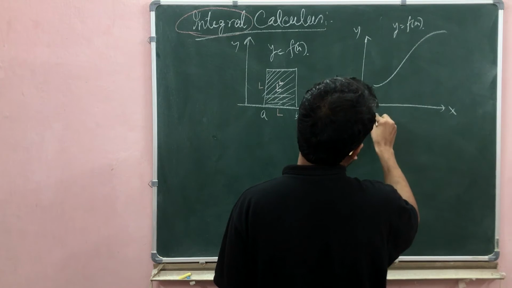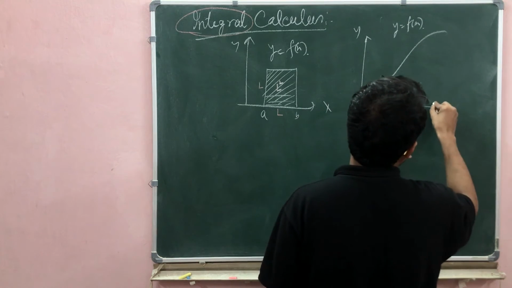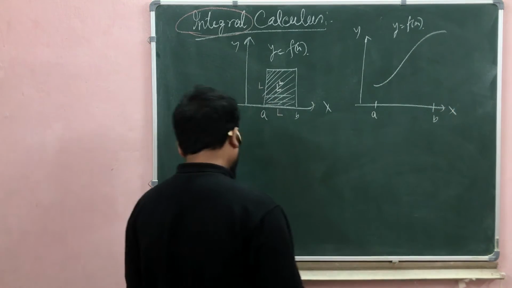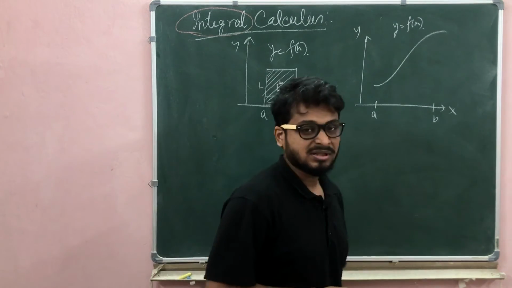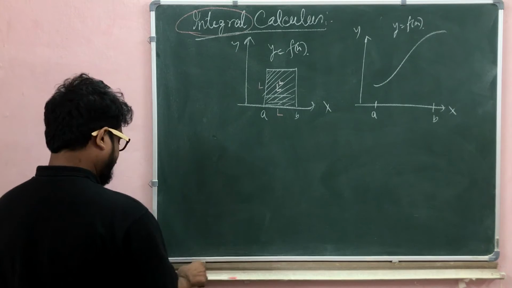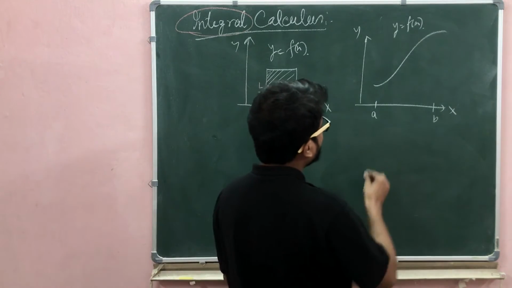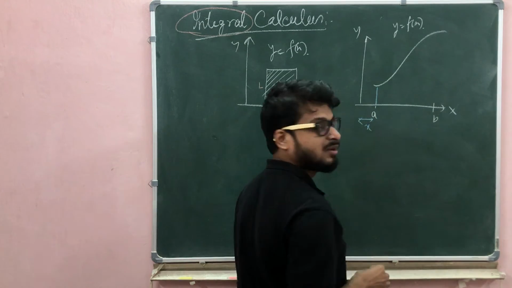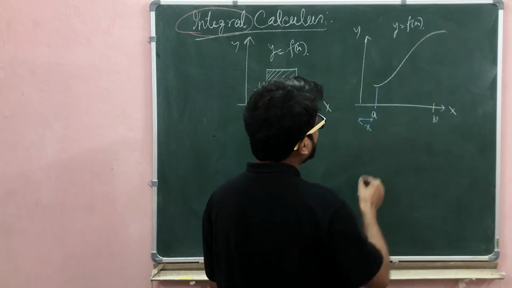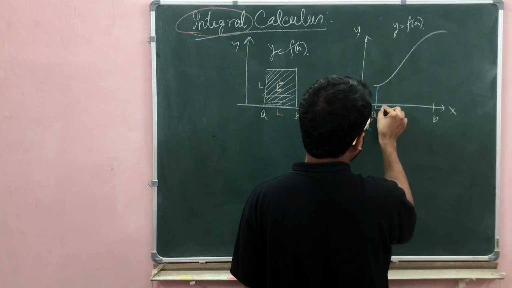Here the starting point is a and the ending point is b. So how do I calculate? First choose that distance is x. Okay. In differentiate format, take a very small increment.